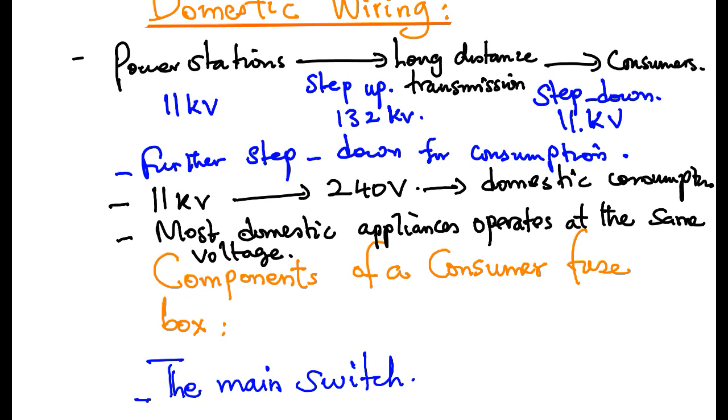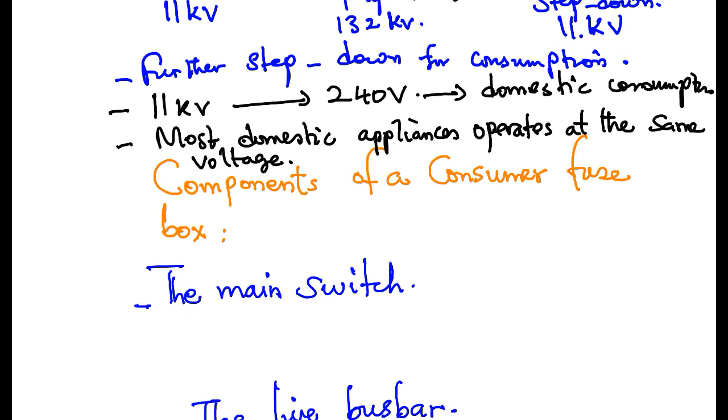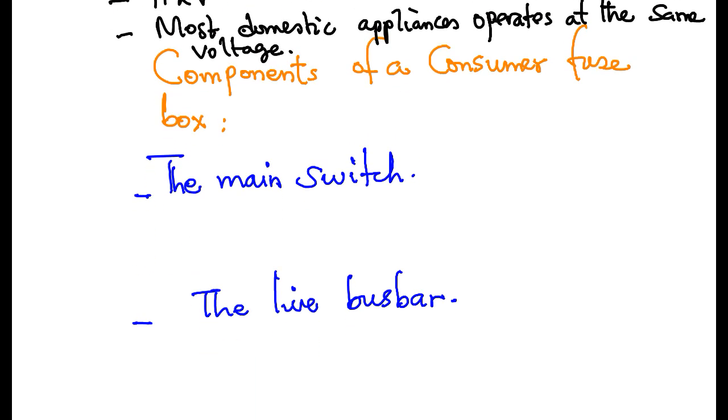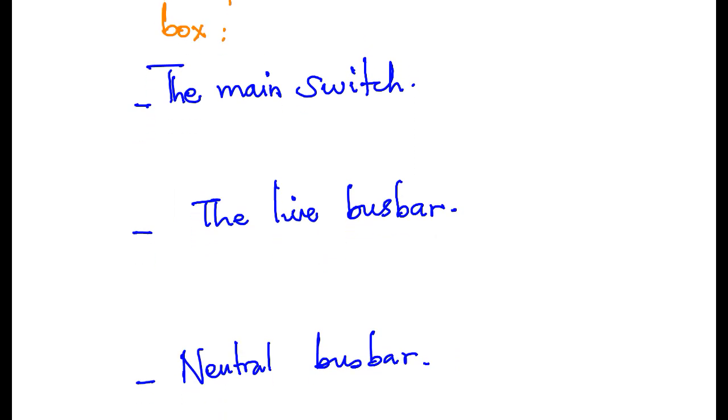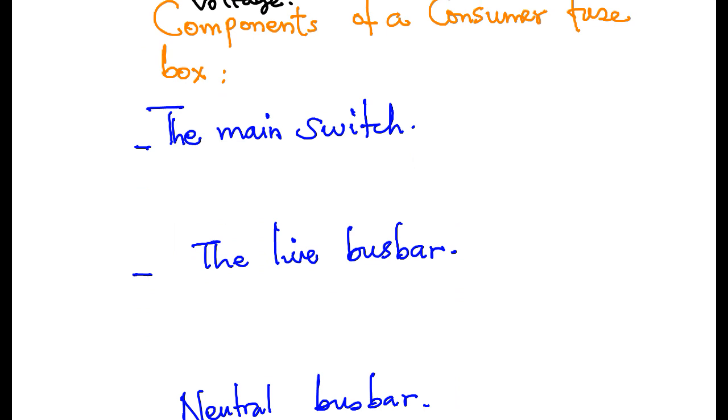Components of consumer fuse box. Now, in this case, we note that from a step-down transformer, power is brought to the house through a two-wire cable.